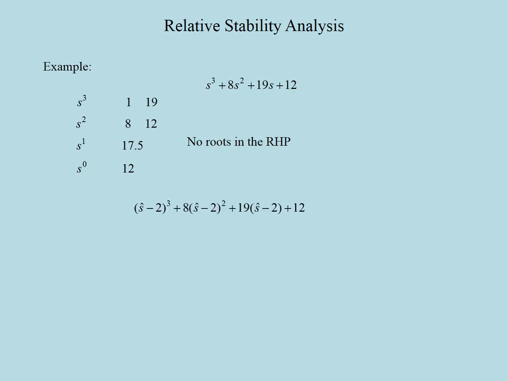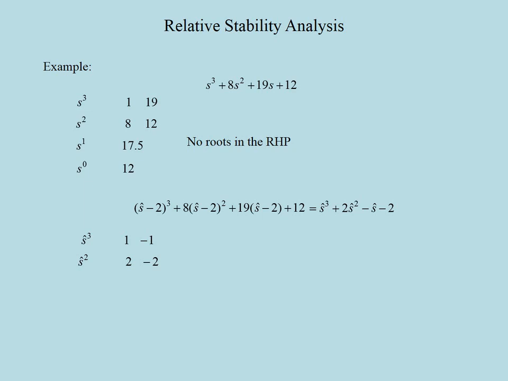Next, let us make a change of variable and set s equals s hat minus 2. So the transformed polynomial will be s hat cubed plus 2s hat squared minus s hat minus 2. Applying the Routh test to this polynomial, we have 1, minus 1 in the first row, 2, minus 2 in the second row.